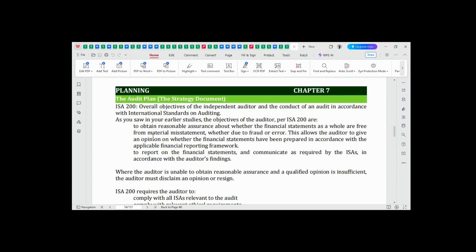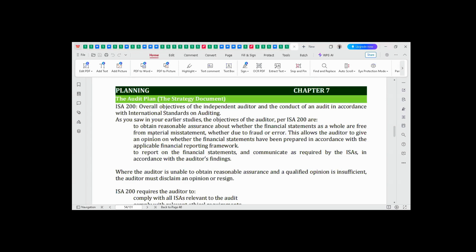Secondly, you need to obtain sufficient and appropriate audit evidence. After you have obtained sufficient and appropriate audit evidence, you are going to evaluate and review the audit evidence you have gathered. Once that has been done, you are now going to write your report. And by the time you are writing your report, that brings the engagement to an end.